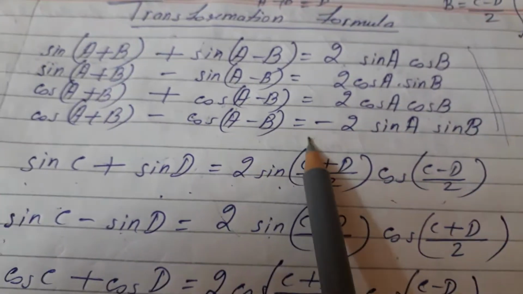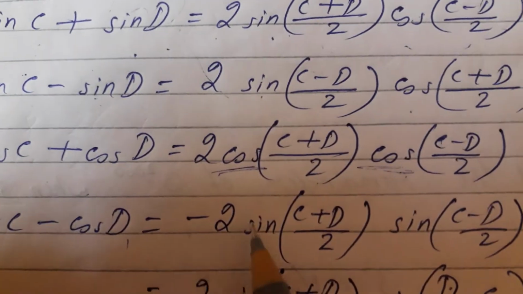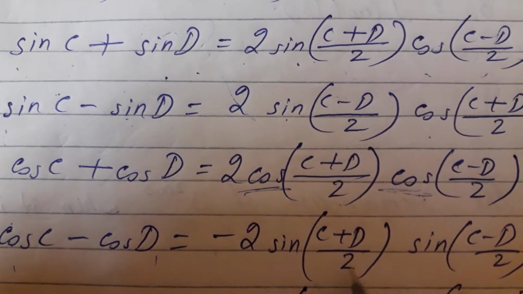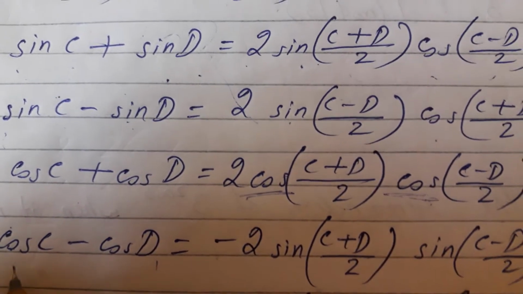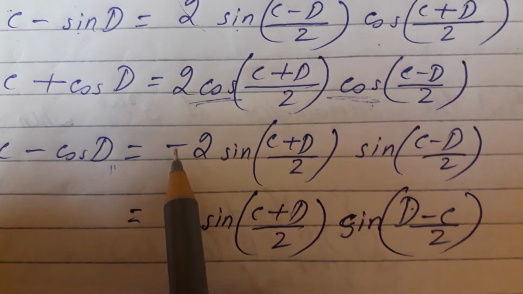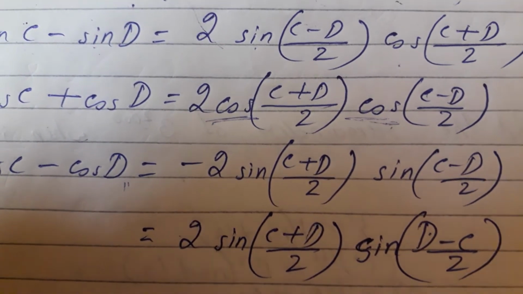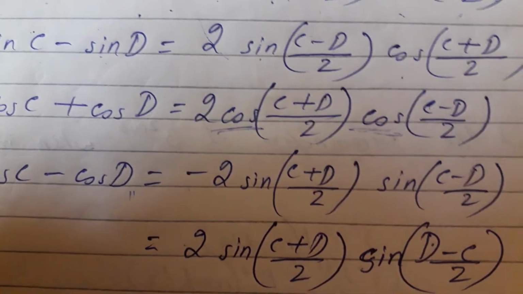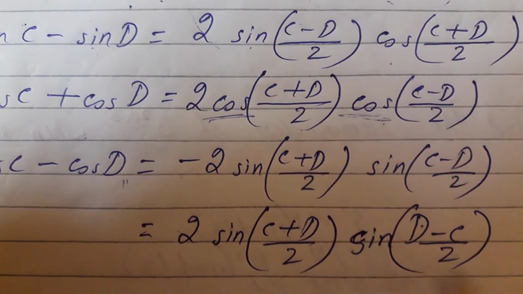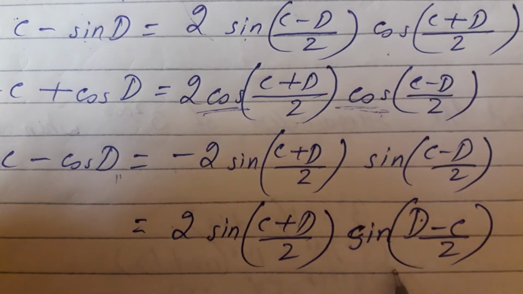As usual you have to take minus before, then write 2 sin c plus d by 2 sin c minus d by 2, because we all know that cos means into same. And if we want to eliminate this negative sign, then we can write 2 sin c plus d by 2 sin d minus c by 2.